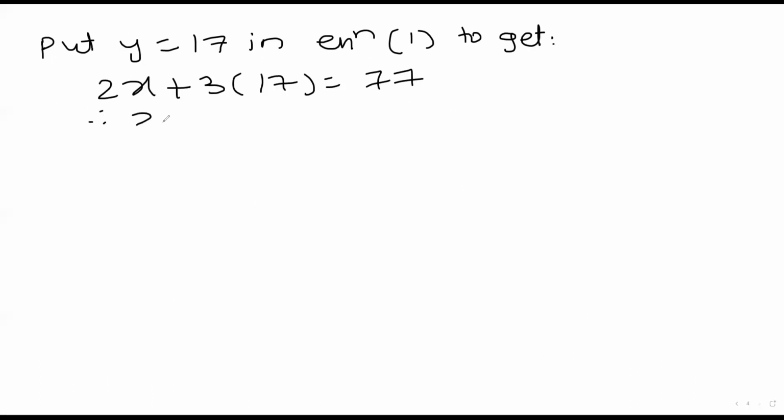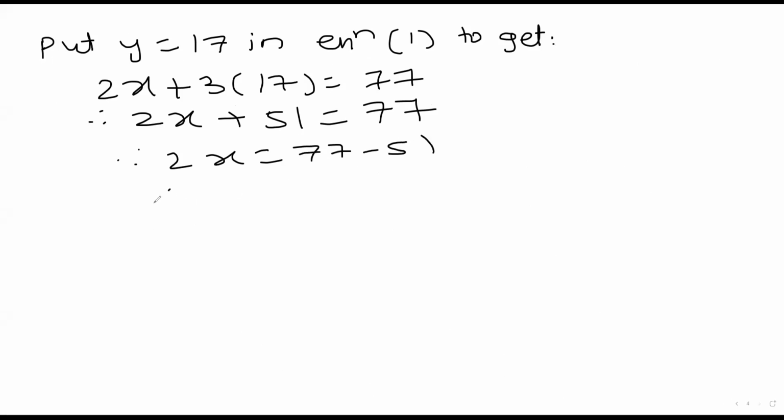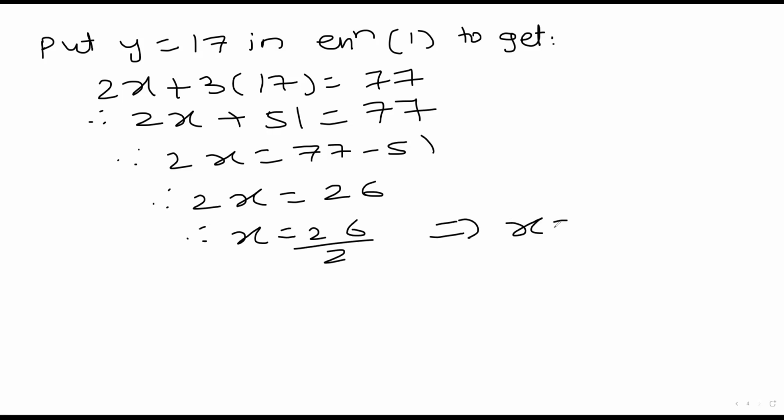So what do you get? 2x plus 51, 17 times 3 is 51, is equal to 77. So you get 2x is equal to 77 minus 51. So you get 2x is equal to 26. So x will be 26 divided by 2, 13. That means x is equal to 13.